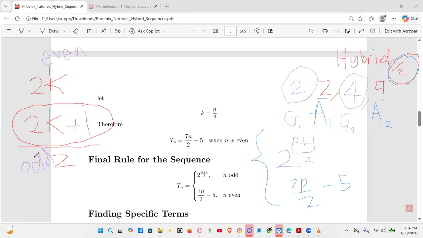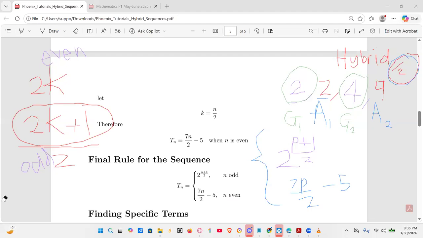In this case, the domain would be the n terms for the sequence. And in this case, we're saying for n is odd, it has particular behavior, and for n even has another particular behavior. And we have to divide by 2 because of the hybrid sequence, and you have to respect the definitions for odd and even numbers.